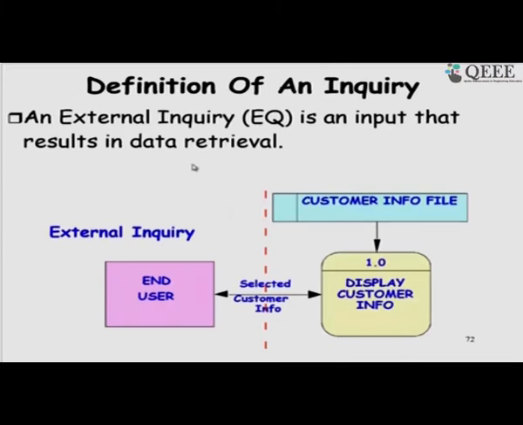Inquiry does not modify the internal data, but may input some data like roll number, etc., which are just used for internal processing like searching, retrieving, but they do not modify the internal data. So, that is the definition of an inquiry.